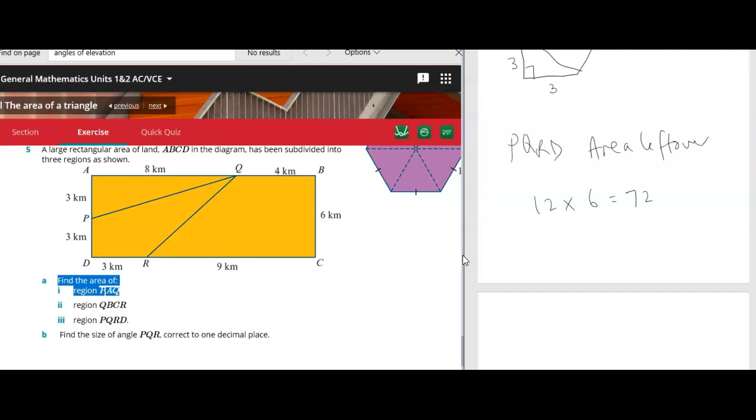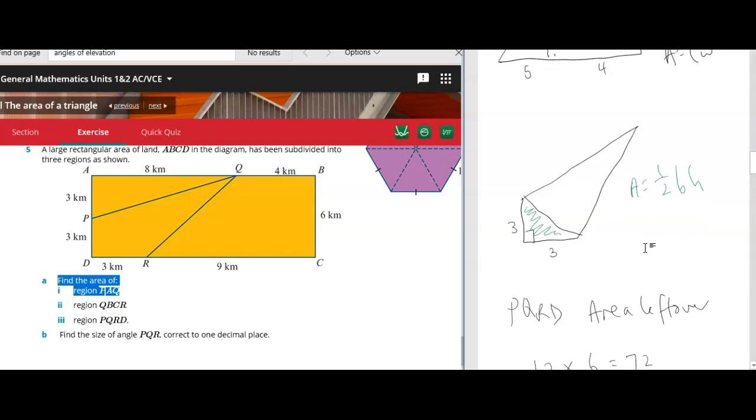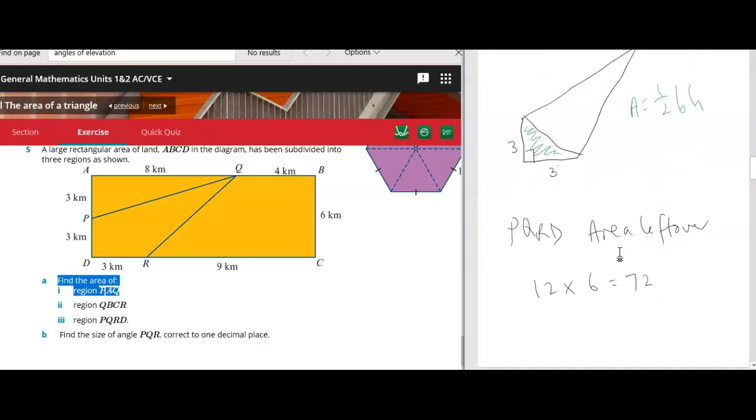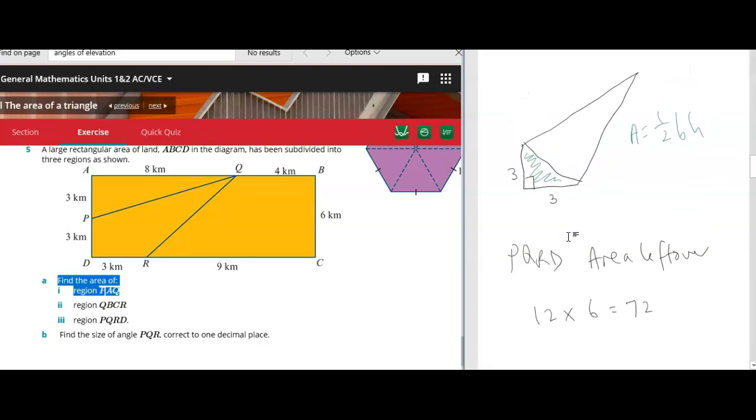And then you take away these 2 areas, will leave you with PQRD. And then when we go to B, which is PQR, then we can come back to this. And we can find the area of this triangle using half base times height. So half times 3 times 3. And then we subtract that from our answer here for PQRD. Okay, so that's the area left over.